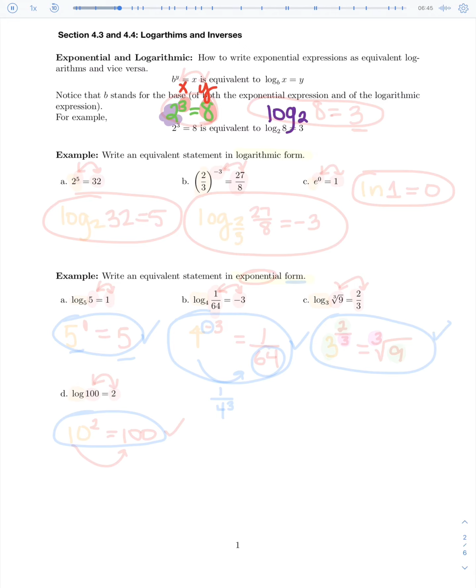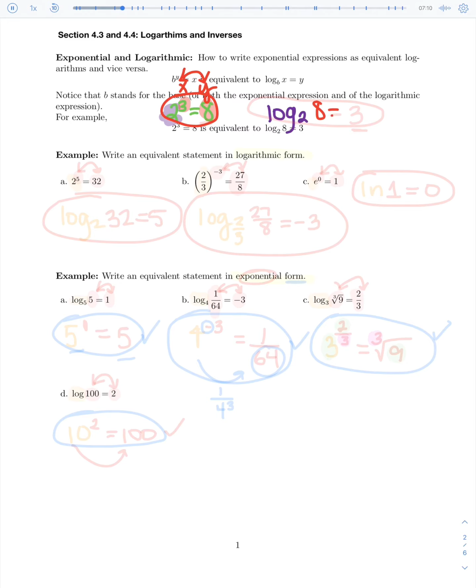Well, if we're talking about a log being an inverse, that means I would need 2. Remember, with inverses, we swap our x and our y. So, well, on the exponential, the 3 is with the 2. If we swap our x and our y, that means the 8, when I'm looking at the log with the same base, will be with the 2 instead of the 3.